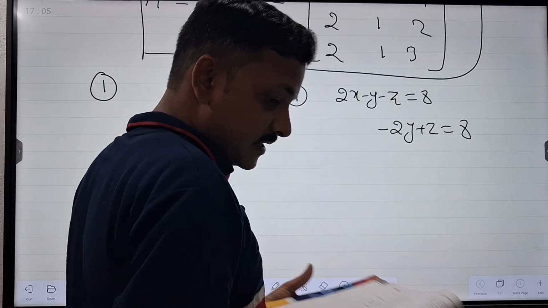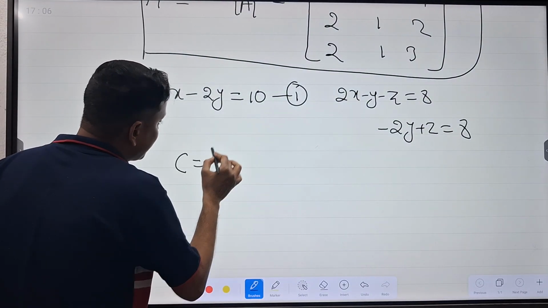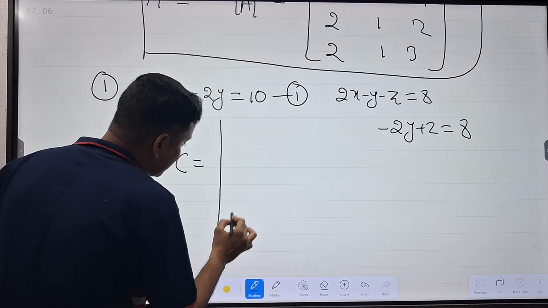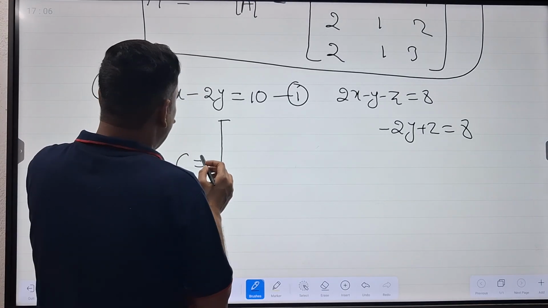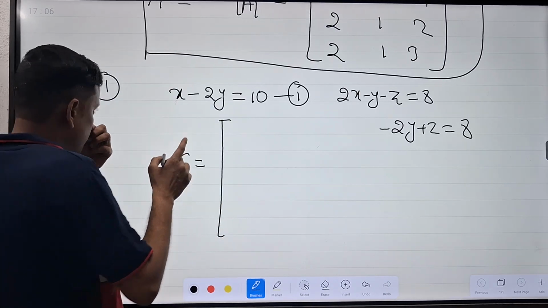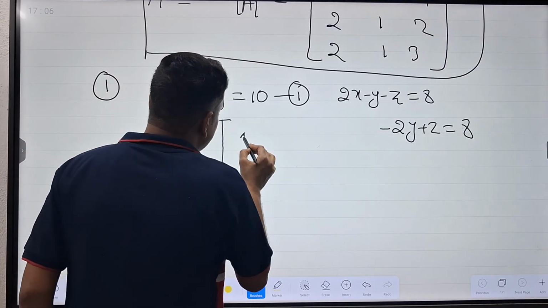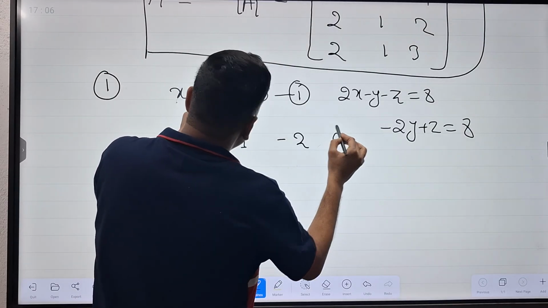How will you solve these linear equations? I have to make the coefficient matrix, because I have to take the coefficients of x, y, and z. Here there is no z term, so the coefficient of z will be 0. So I can write 1, minus 2, and for z 0.